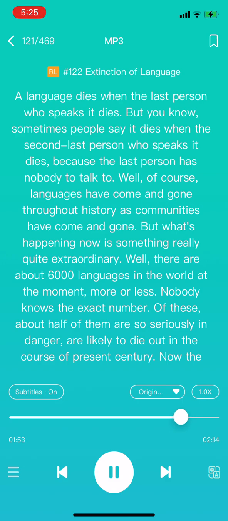It costs quite a lot of money to preserve an endangered language. Think about it. You have to train the teachers, you have to write books for the children, and all that sort of thing. It doesn't cost an extraordinary amount of money, but it does cost a bit. So without money, endangered languages don't have a positive future.